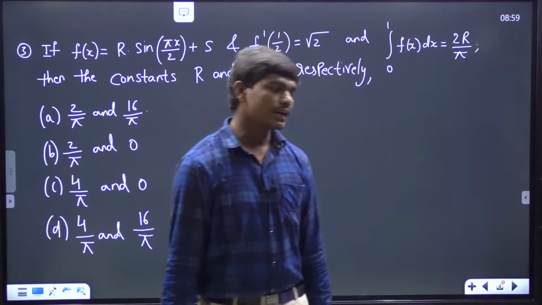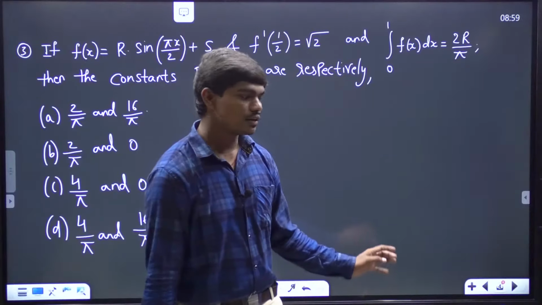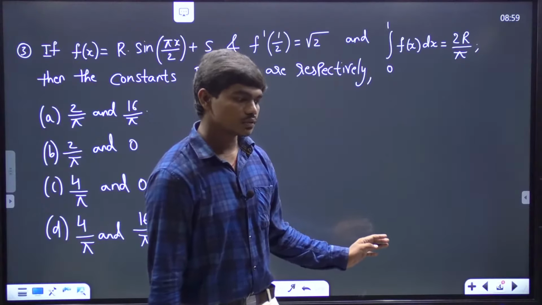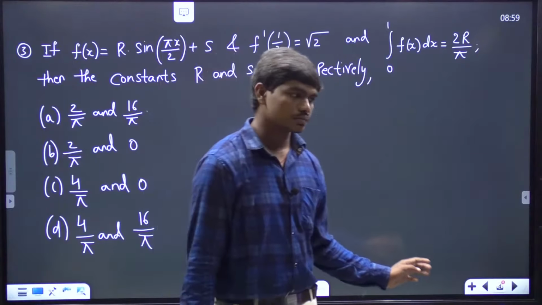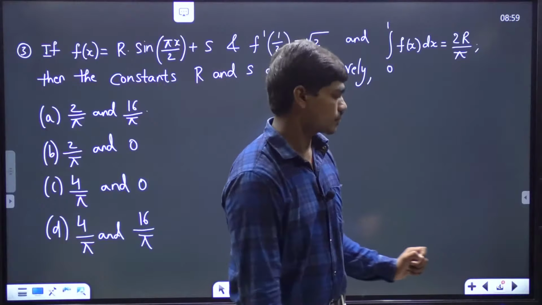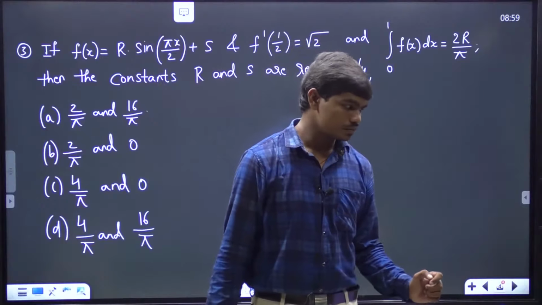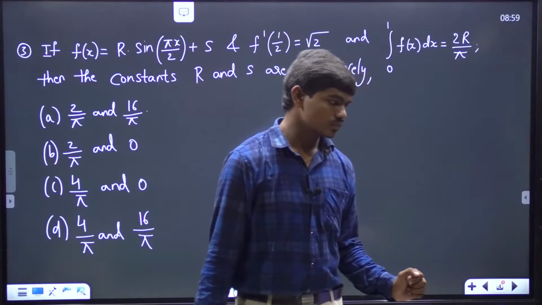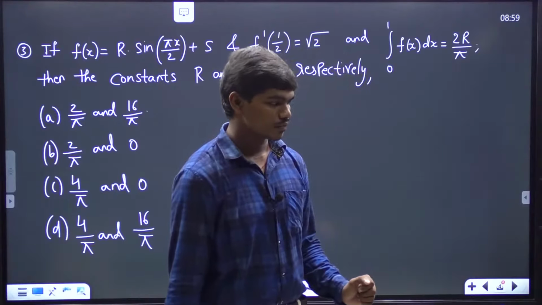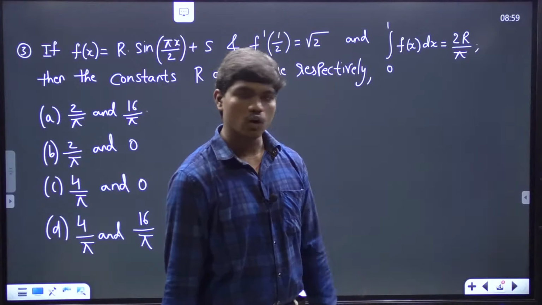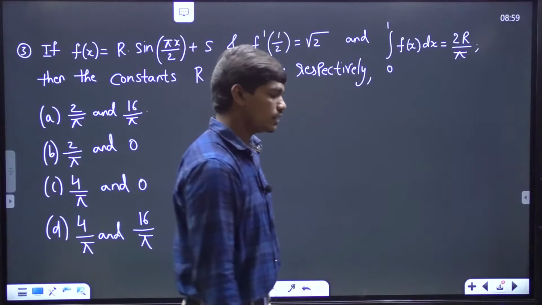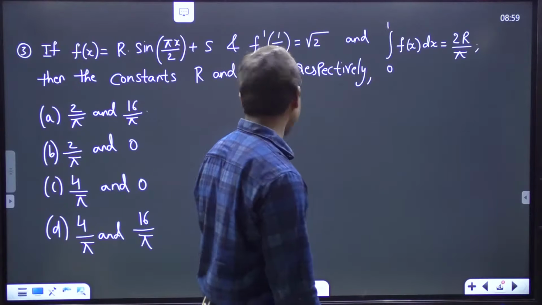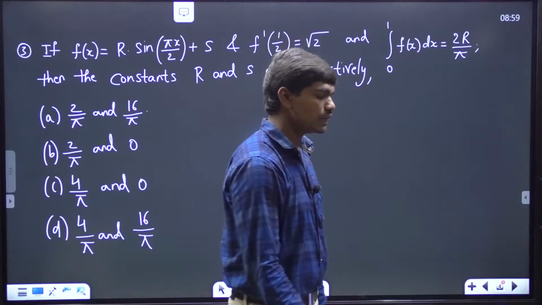Okay, is that fine so far? Can we move ahead? What's the answer for this question? I hope you are solving. Okay, D means 4 by pi is the value of R and 16 by pi is the value of S. That's what Sliva is telling.